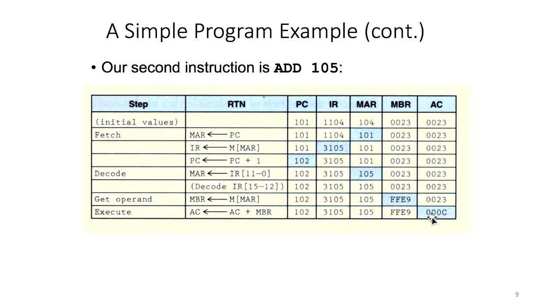That's the addition of this value and this value. Notice that these values are in hexadecimal representation. So we add them up, we obtain this one, and this value will be stored back into the AC right here. Okay, so that's the steps of the instruction add 105.